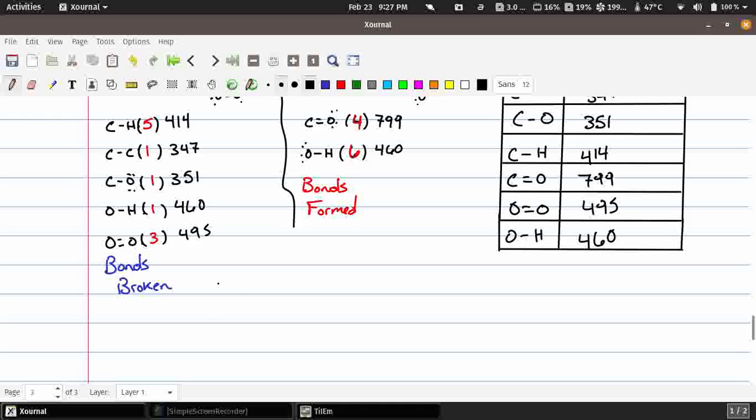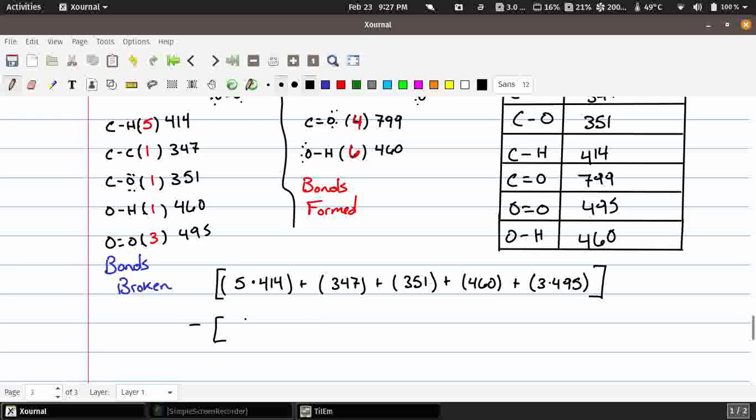So let's do this. I'm going to write it down. So 5 times 414 plus 347 plus 351 plus 460 plus 3 times 495, minus 4 times 799 plus 6 times 460.